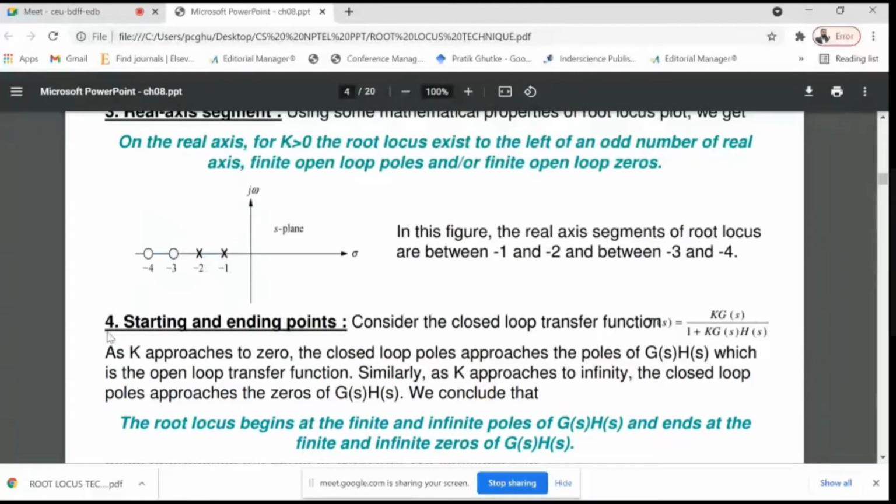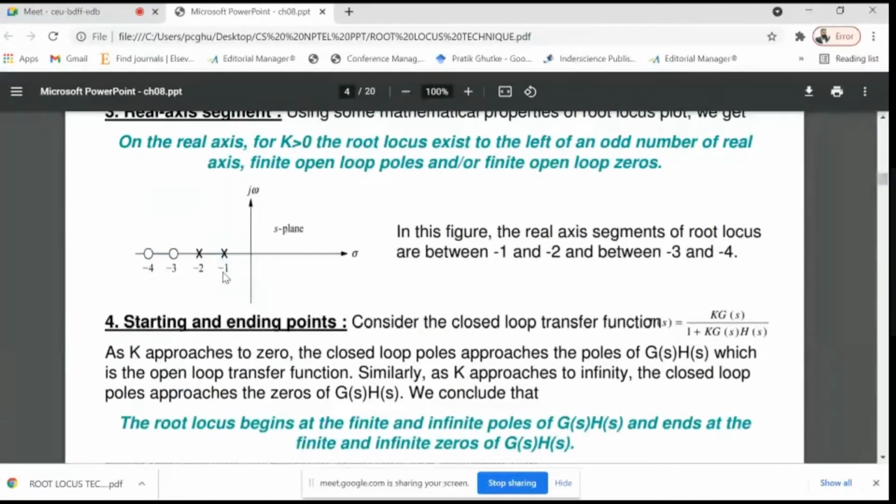So how to check whether the root locus lies between -1 and -2, or -2 and -3, or -3 and -4? For this, one concept is there.